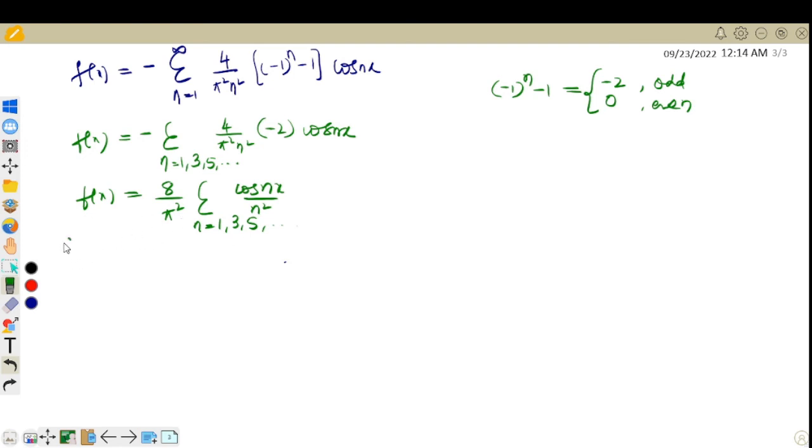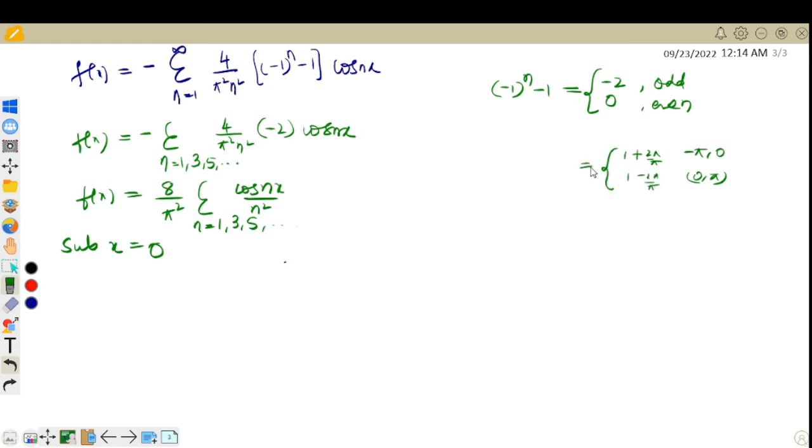Now let us substitute the value of x. Substitute x equal to 0, because we have the interval from minus pi to 0 and 0 to pi. The first value is 1 plus 2x by pi, the second is 1 minus 2x by pi.